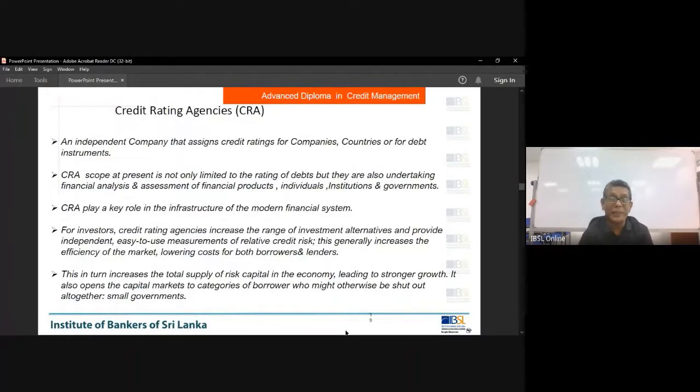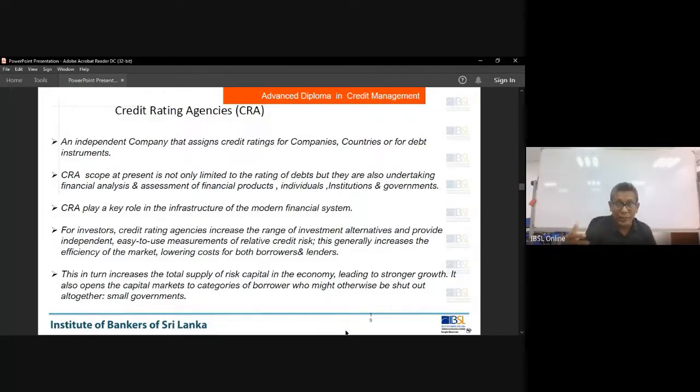Okay, so the credit rating agency, as you are well aware, is an independent organization. In the recent past, there was a big issue about credit rating credibility. That especially took place after the 2008-9 world financial crisis, right?